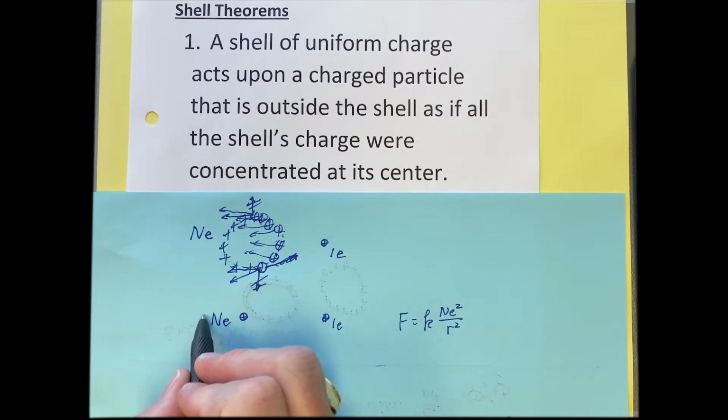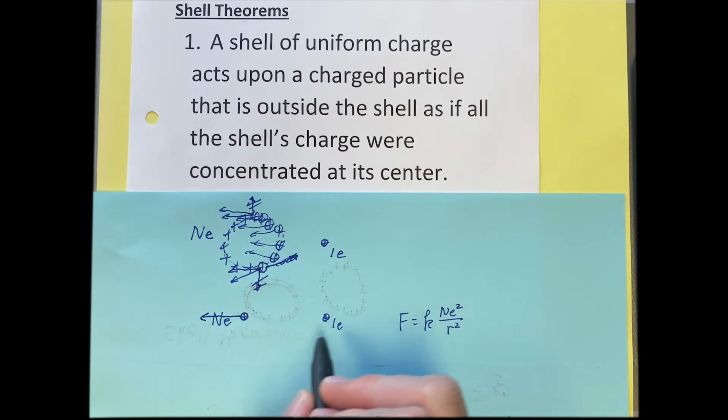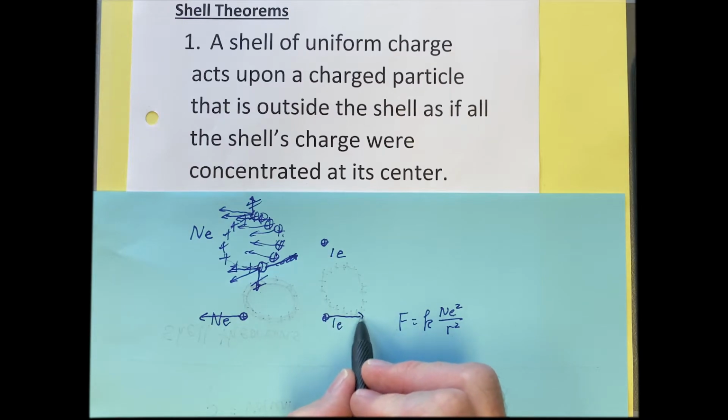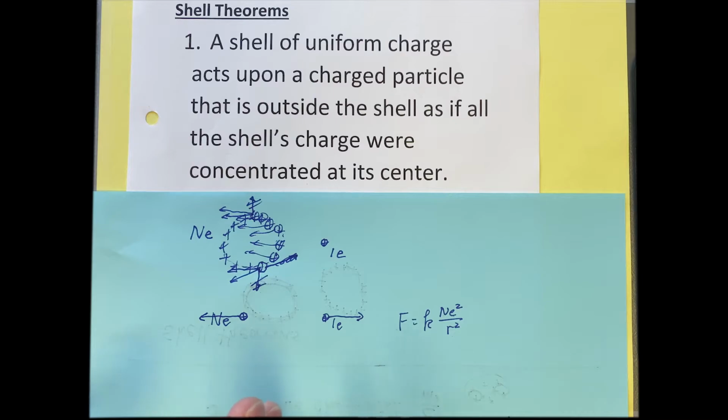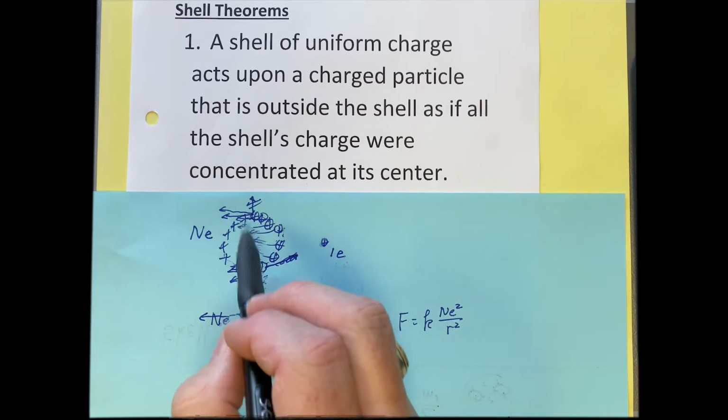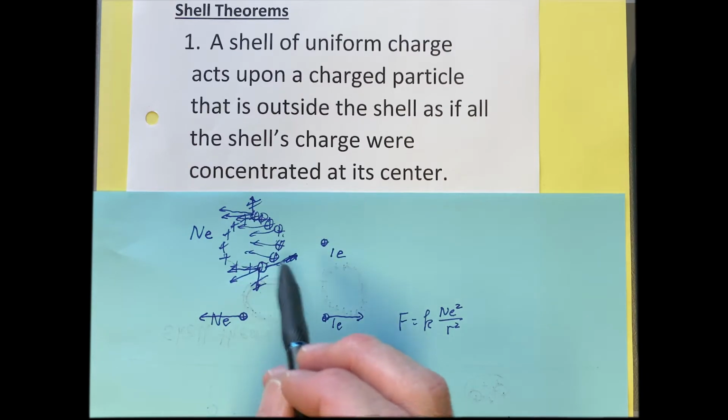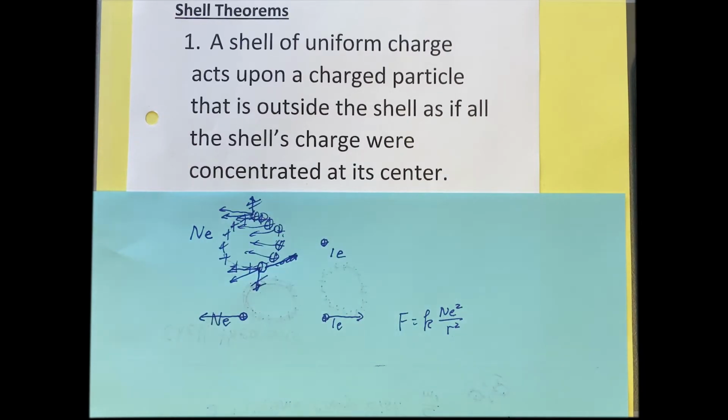So in the end, you end up with a force that is pointed that way and a force that's pointed that way. So if you were to work this problem out, spend a lot of time working this problem out, you would discover that those vertical components cancel, the horizontal components are left. And that's really what the shell theorem is saying.